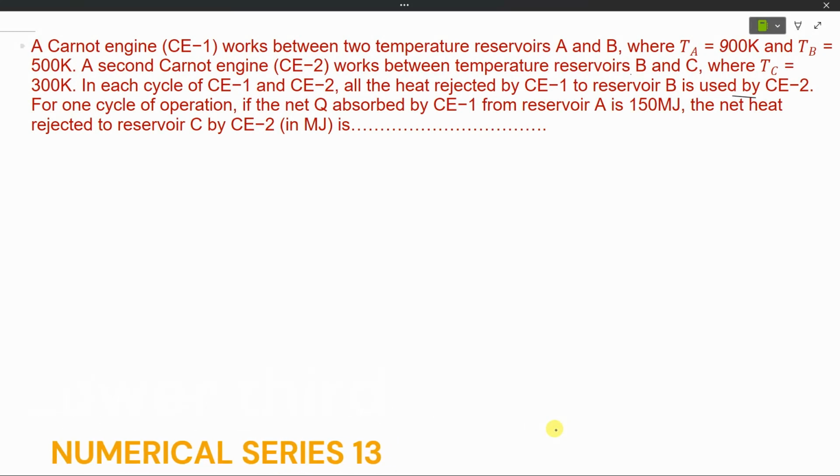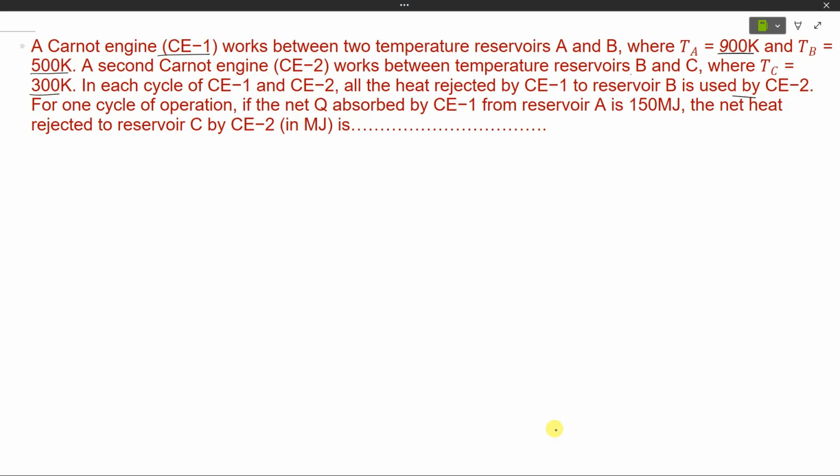A Carnot engine CE1 works between two temperature reservoirs A and B, where TA equal to 900 Kelvin and TB equal to 500 Kelvin. A second Carnot engine CE2 works between temperature reservoirs B and C, where TC equal to 300 Kelvin.